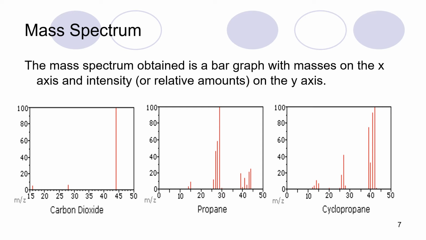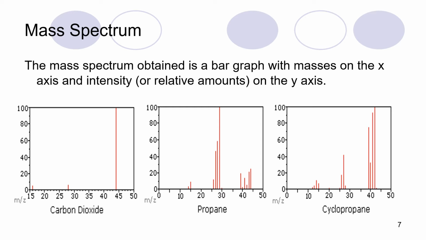And so this is what a mass spectrum will look like, and they get lots of different patterns. A couple of things to note: usually on the x-axis is the mass.